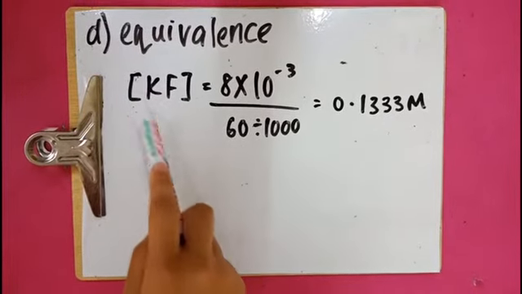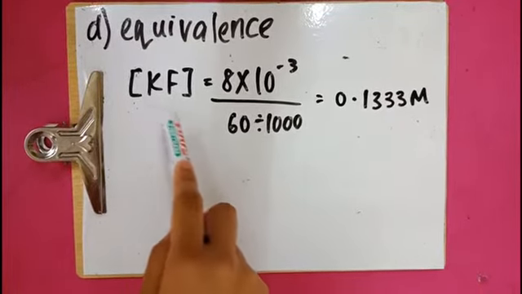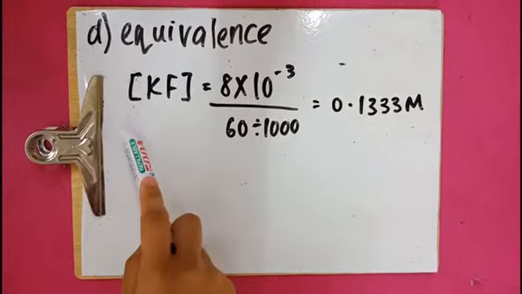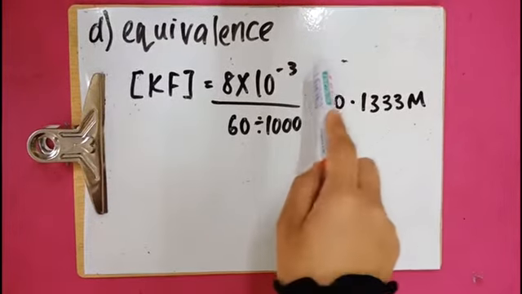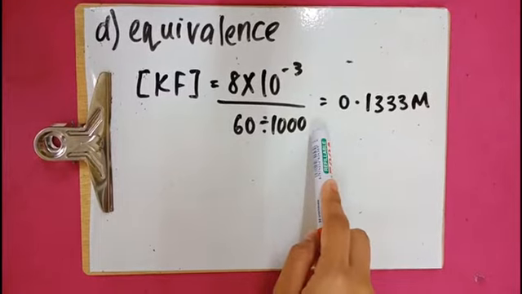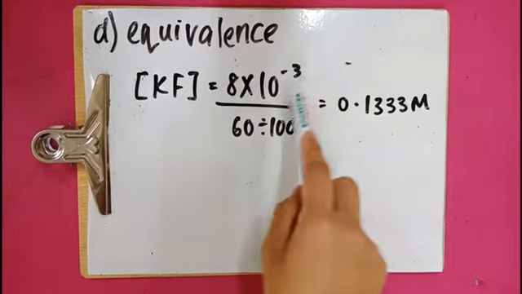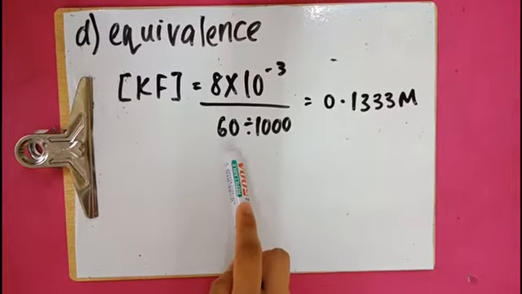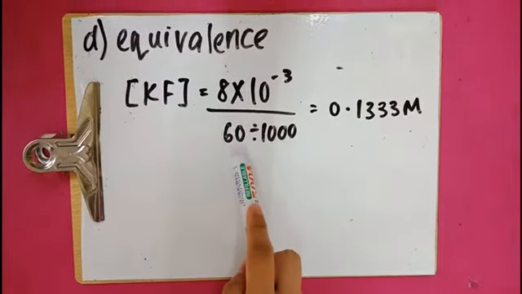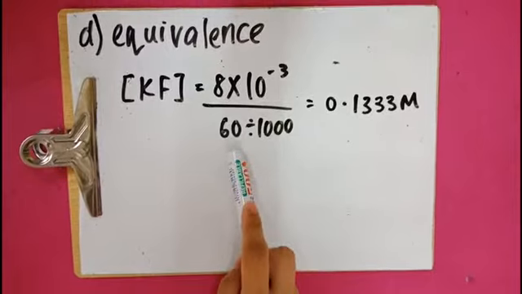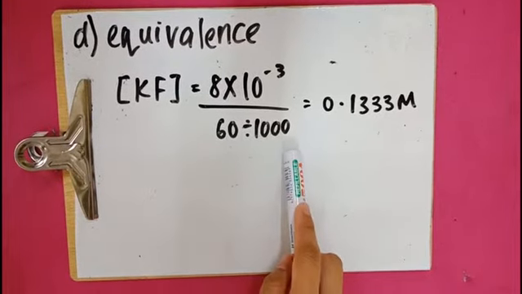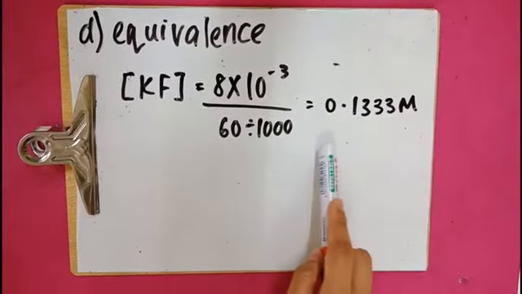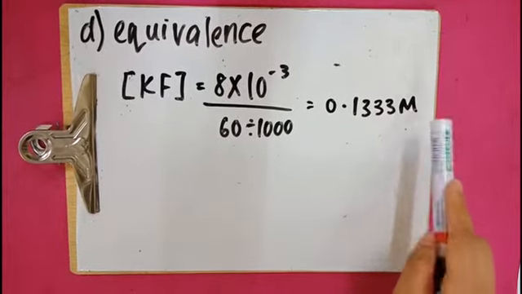We use the normal equation, KF concentration equals number of moles divided by volume, and we get 8 times 10 to the power of negative 3 divided by 60, which is the total volume in the beaker, divided by 1000 to get liters, and it equals 0.1333 molar.